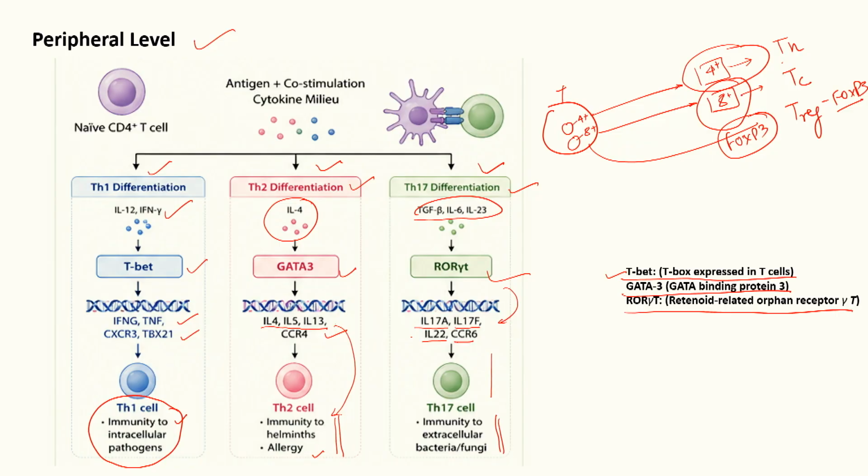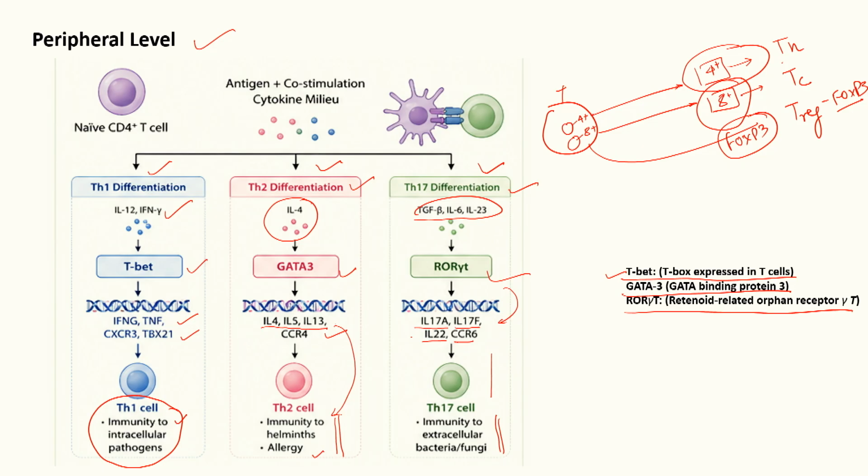So we are looking at the cells which are differentiated from T helper cells. There are three types which we are discussing here: T helper 1, T helper 2 and T helper 17 cells. These are controlled by different cytokines: for Th1 it is IL-12 and interferon gamma, for Th2 it is IL-4, and for Th17 it is TGF-beta, IL-6 and IL-23.